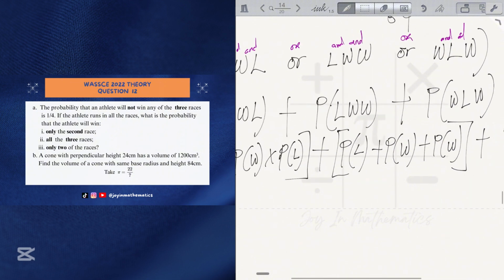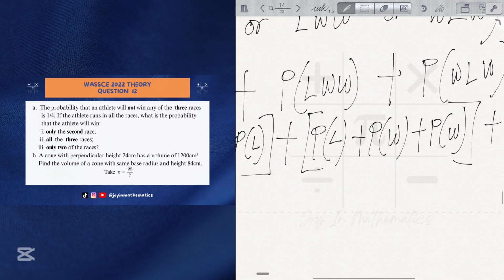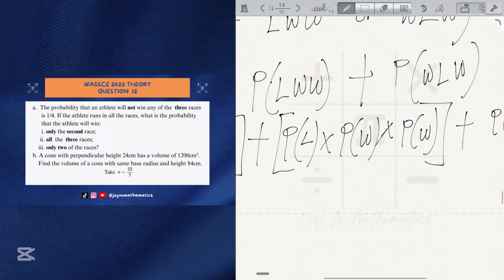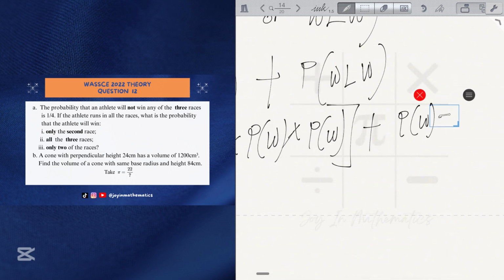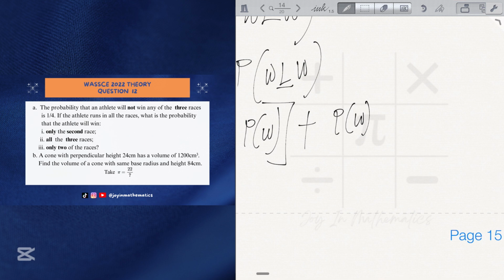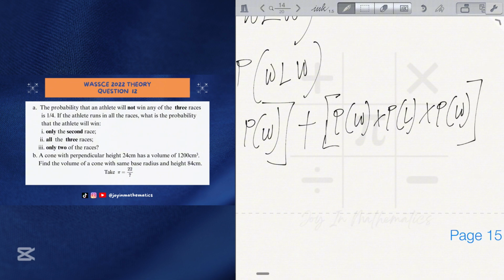Okay, I think we've made a mistake. Yeah, this should be multiplication because it's "and", multiplied. Okay, moving on to lose now, multiplied by the probability to lose multiplied by the probability that it will win, just as we did.